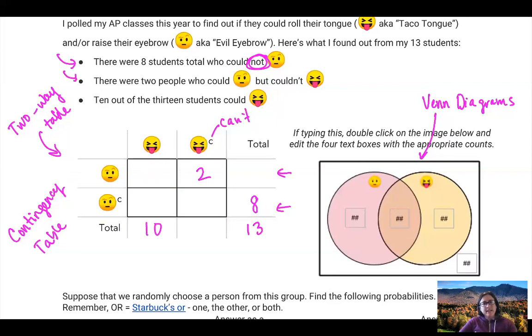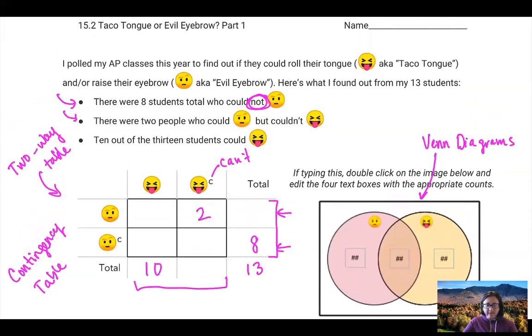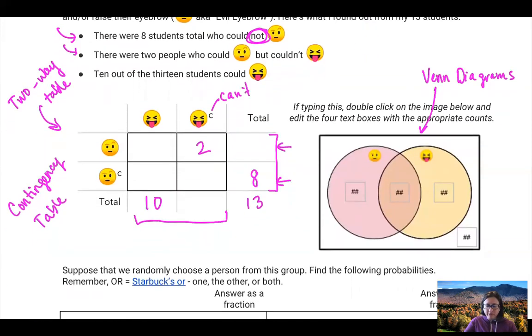Now you may be wondering, how do I fill in the rest of these things? This part's kind of fun. It's kind of like a little puzzle. You know that these 2 numbers have to add up to 13. These 2 numbers have to add up to 13. And then the same thing is going to apply for the row totals and the column totals. So you can just use a little creativity to figure out what goes there.